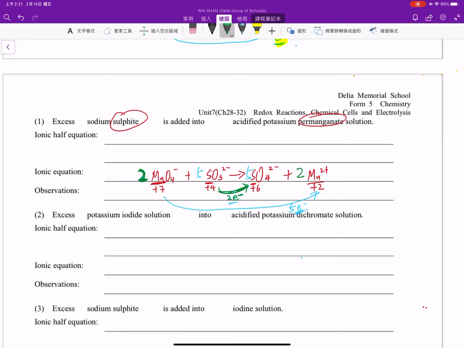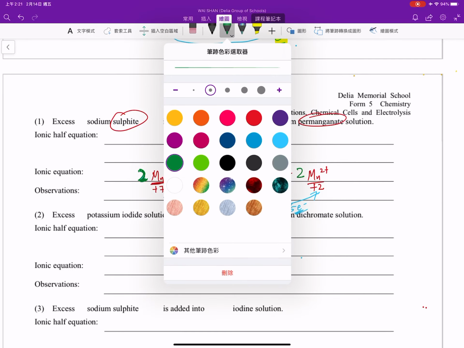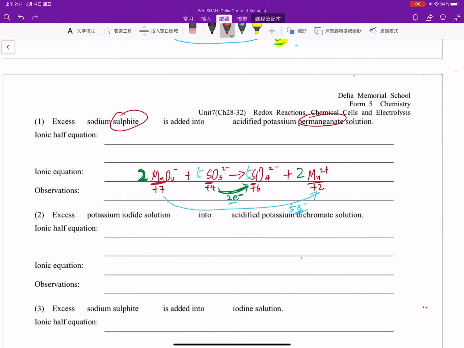Okay, after the oxidation number, then you have to balance the number of oxygen and the number of hydrogen. Here 3 times 5, 15 oxygen, and then here 20 oxygen. We forgot the number of oxygen here.